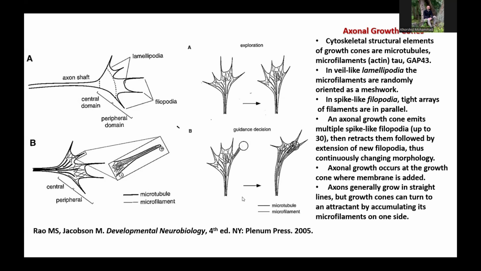And he demonstrated that there are specialized endings of the axon seeking their target, and they form a continuously changing series of lamellopodia, which are sort of like veils in between the sharp filopodia, which are spikes, and the spikes are continuously retracting and new ones forming.